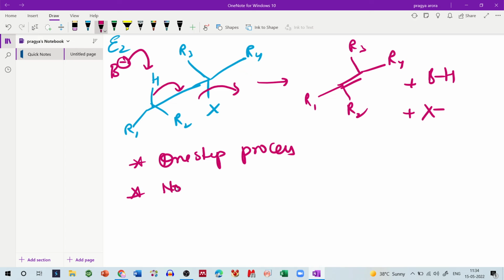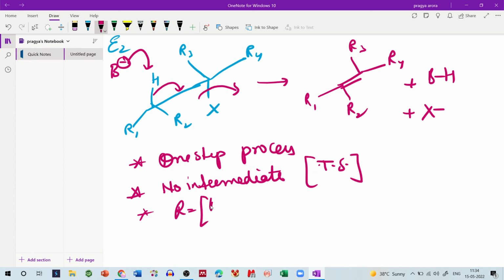No intermediate is generated, only one transition state, where the simultaneous attack of the base on the alpha proton and the removal of the leaving group happens simultaneously. Rate is dependent on both the alkyl halide concentration and the nucleophilic base attacking, and there is a trans elimination.